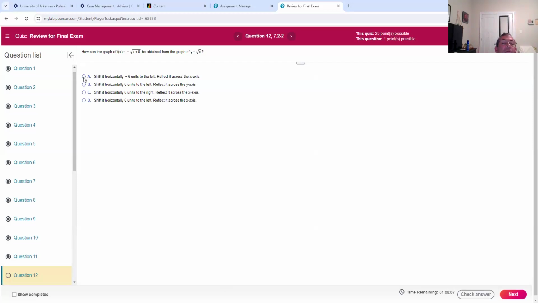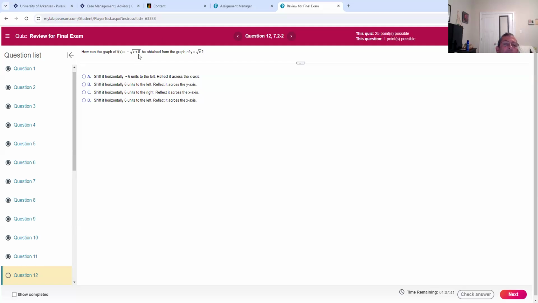All right, y'all, so this is on y'all. A, B, C, or D. You got f of x equals negative square root x plus 6. How can we obtain that from the graph of y equals square root of x? So is that plus 6 moving me left 6?